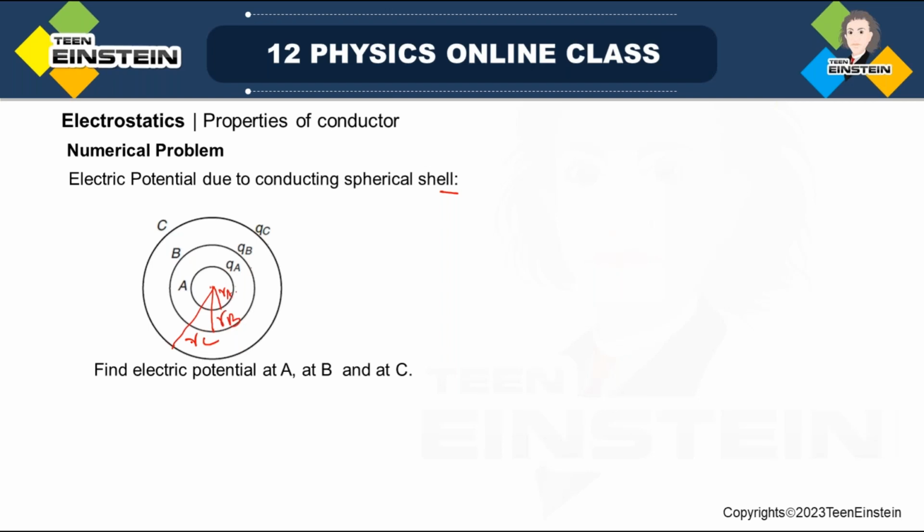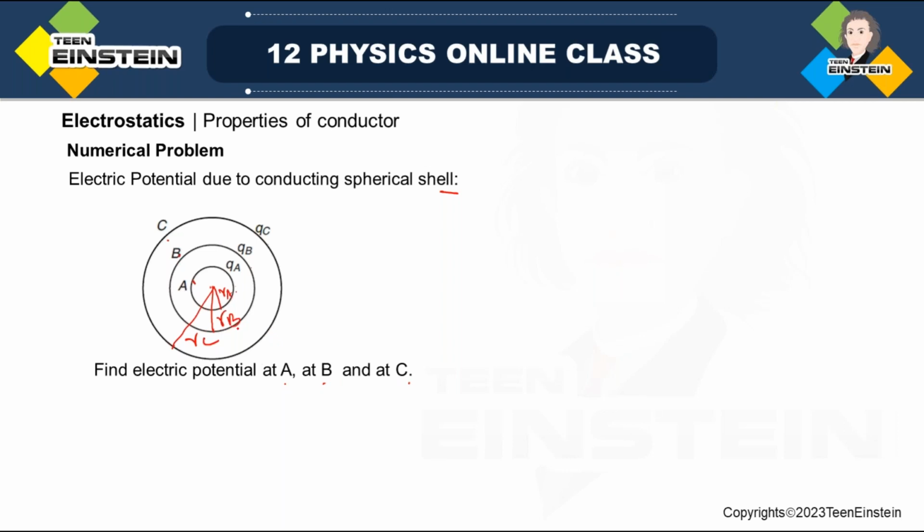Now my motto is to understand what will be the electric potential at A, at B and at C. So we have to find out electric potential at A, B and C. So to solve this kind of problem, there are few points to remember.